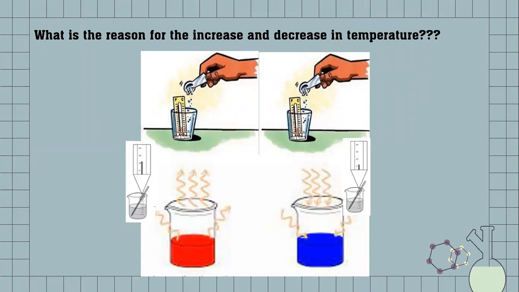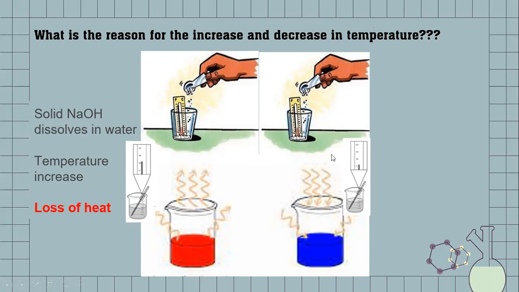When you add sodium hydroxide into water, during the reaction, it loses heat, so the temperature increases. But when you add ammonium chloride into water, there is a decrease in temperature. So that means there is an absorption of heat.